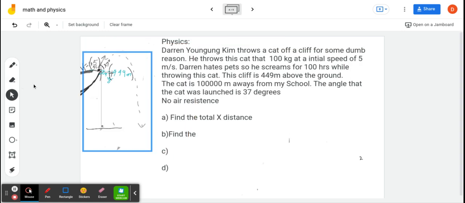So I was in the process of making these questions, and this is only because it's physics. I literally wrote physics over here. But if this was math, you have to explain how to find x and total x, and what that means, like the whole x for the position from over here to over here.